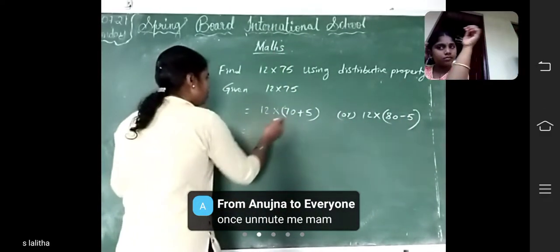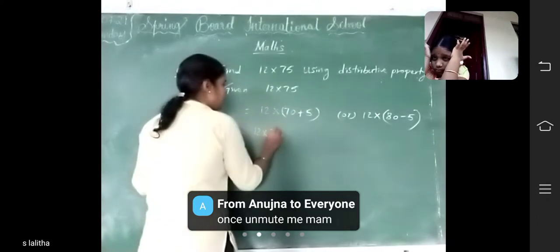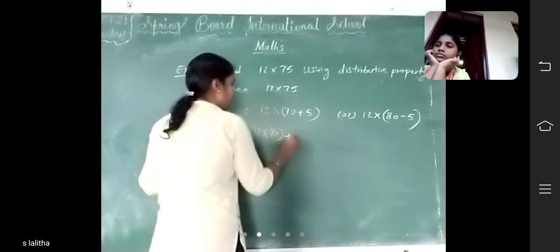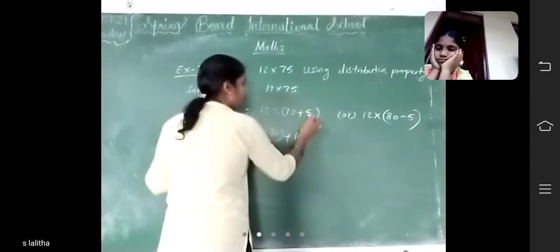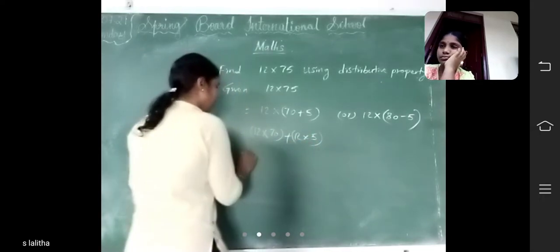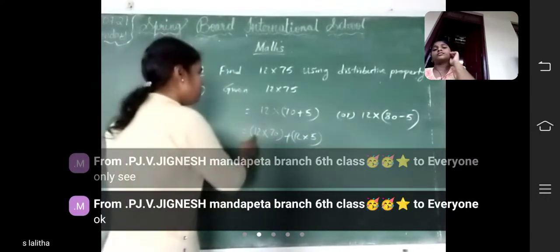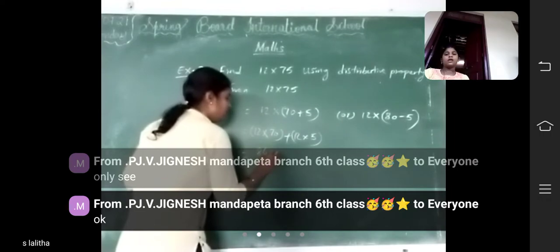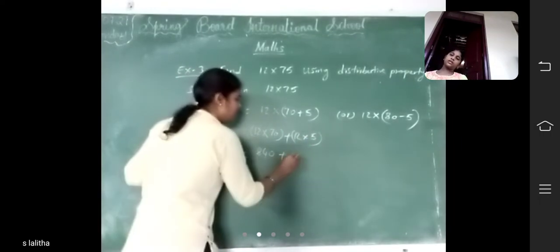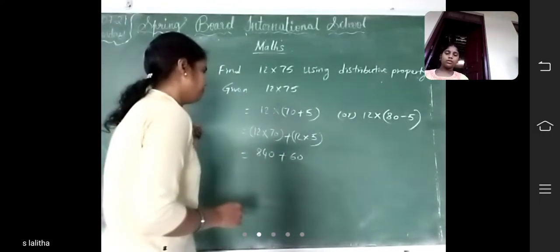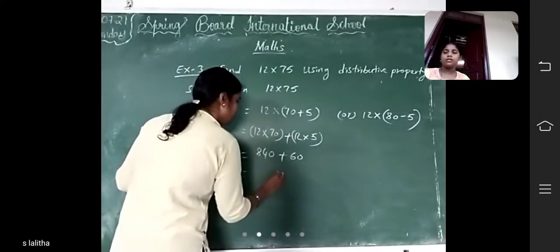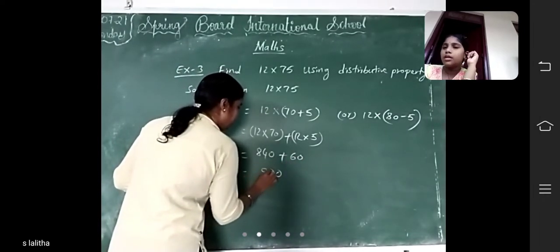Okay. Now do 12 into 70 plus 12 into 5. 12 into 70. How much? 840. 12 into 5 how much? 60. So what is the answer? 4 plus 6, 10, 900.